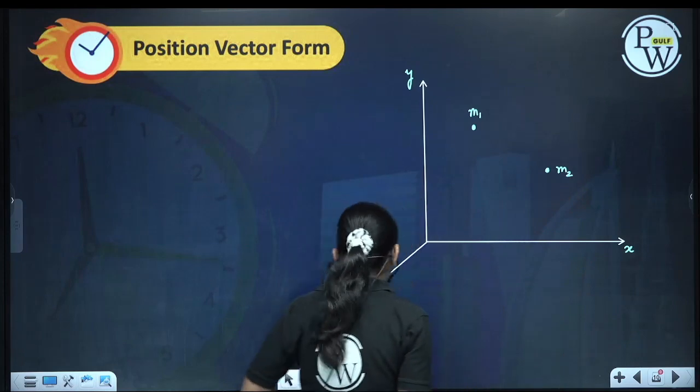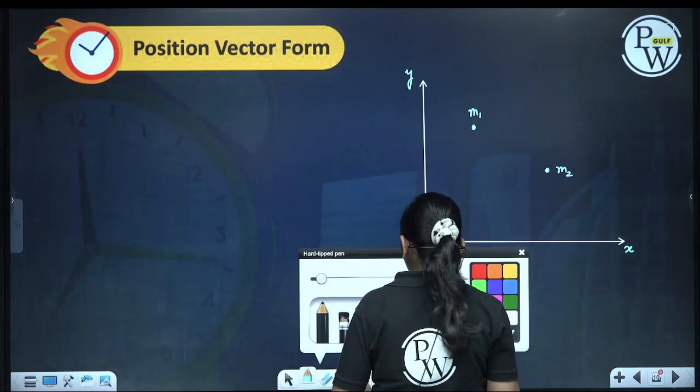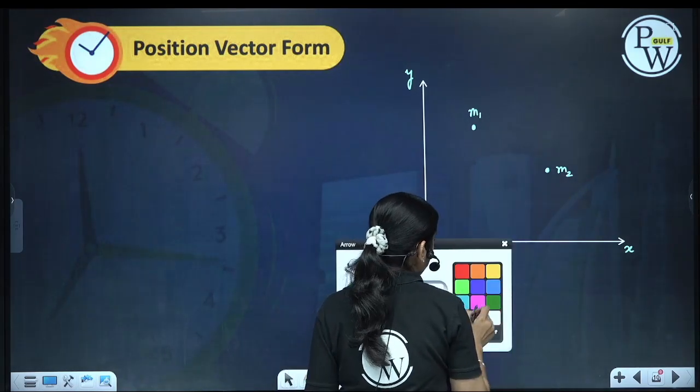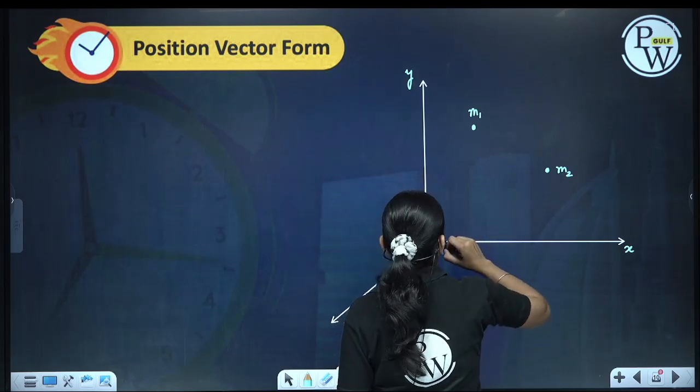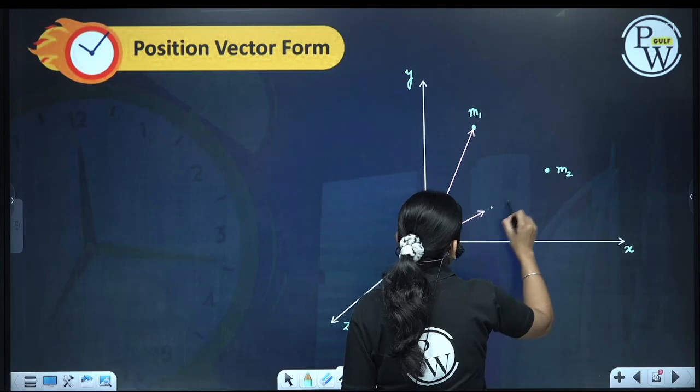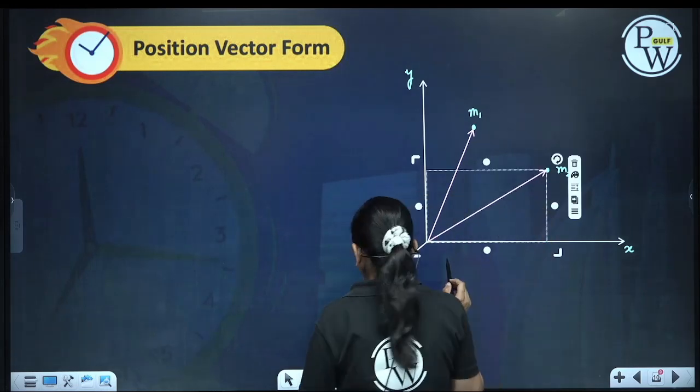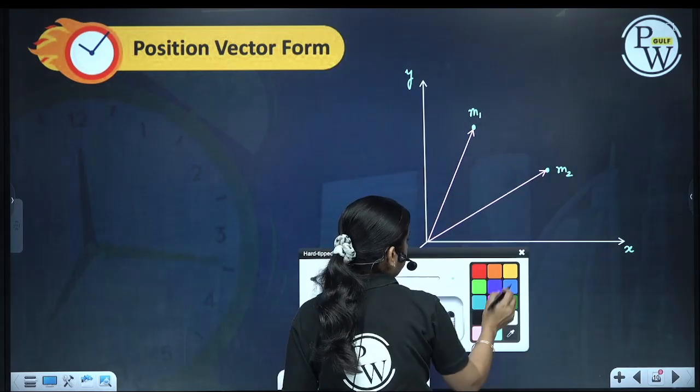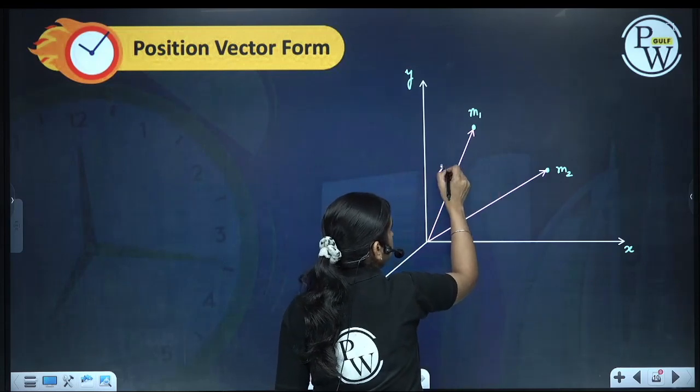So these are my coordinates. These are the position coordinates of m1 and m2.